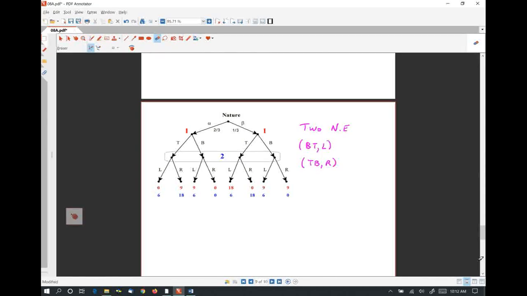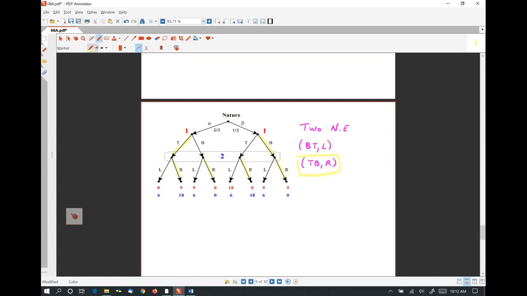So we looked at BTL before. Let's pick the other equilibrium, TBR, and let's think about it. So TB says player 1 chooses T on the left and B on the right, and player 2 chooses R. Okay. So this is TBR, right? Is a Nash equilibrium of this game. But this is not the game that the players are playing, right?